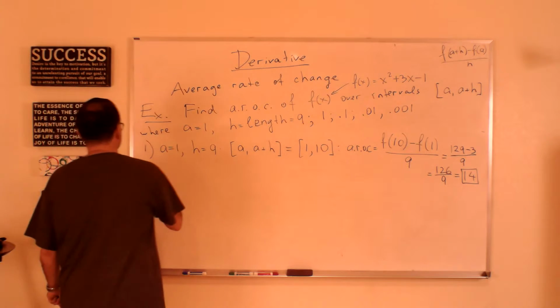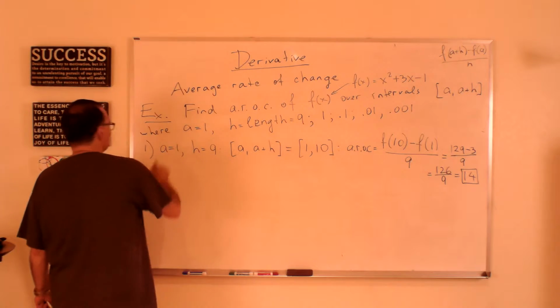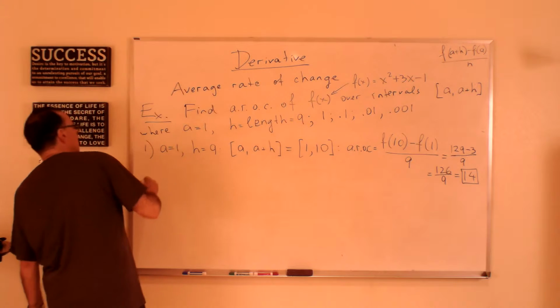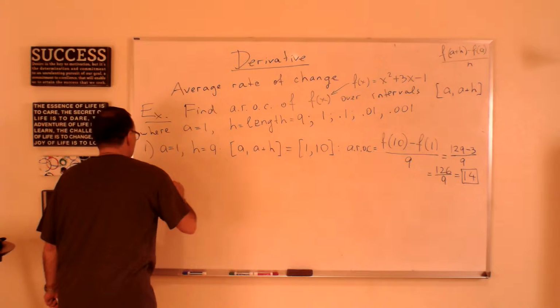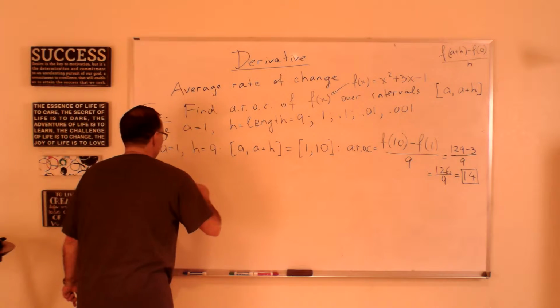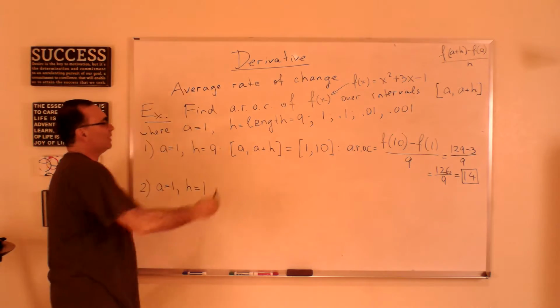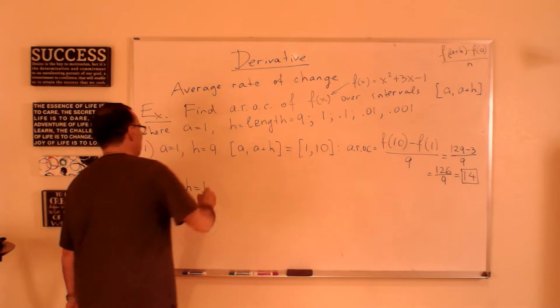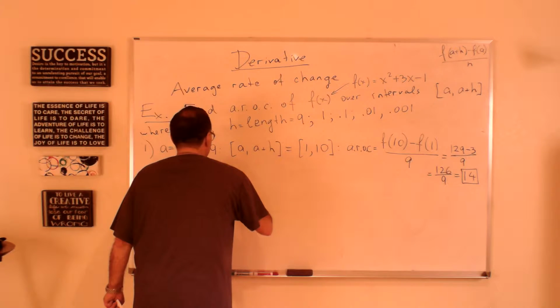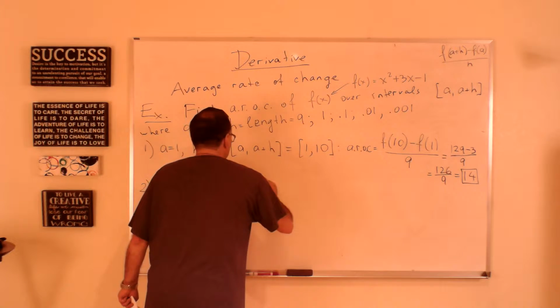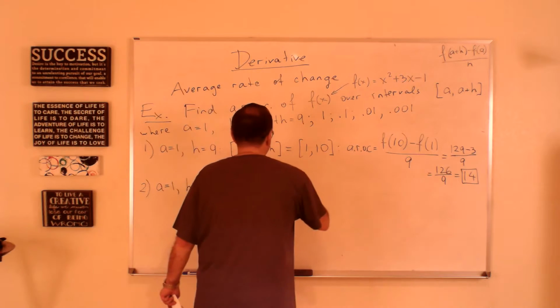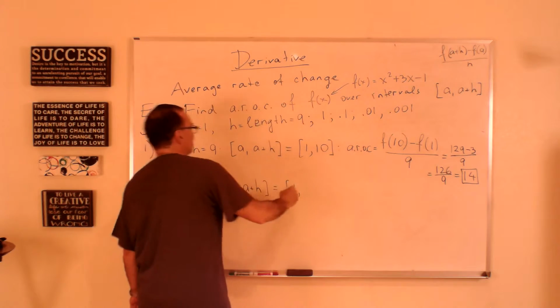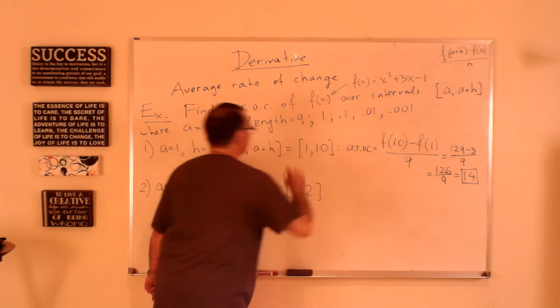That was the first calculation. Now the second calculation. I want to repeat all this calculation with a equals 1 and h equal 1 as well. So every time I make h smaller. So h equals 1. Now the interval in question will be from 1 to 1 plus 1. And 1 plus 1 is 2. So from 1 to 2.